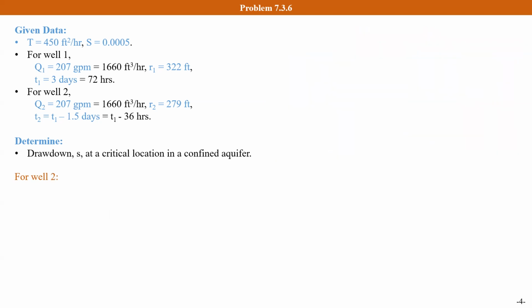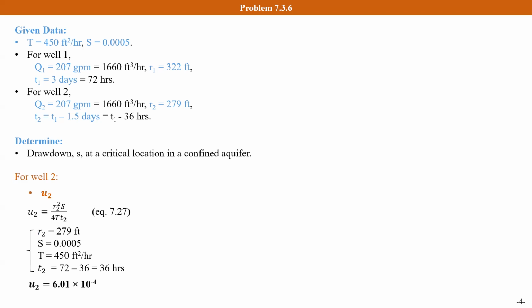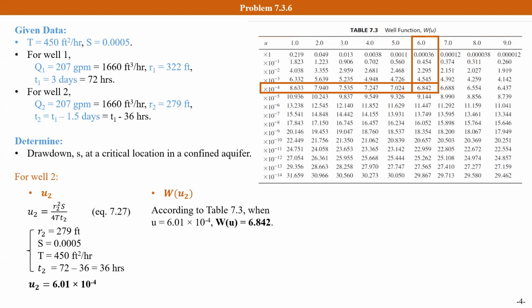Then we calculate the drawdown provided by well 2, following the same procedure. First, we calculate U2 by applying equation 7.27. And then, based on table 7.3, we determine the well function.